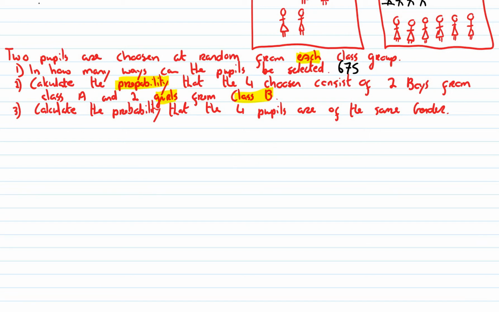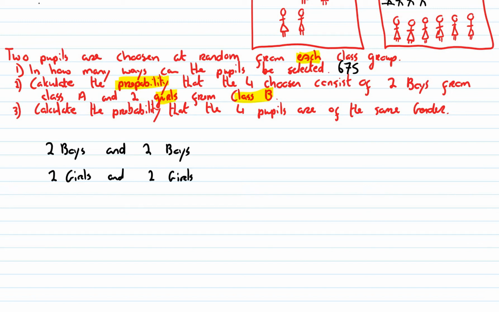The next one. Calculate the probability that the 4 pupils are of the same gender. So we could have 2 boys and 2 boys chosen. Or I could have 2 girls and 2 girls.